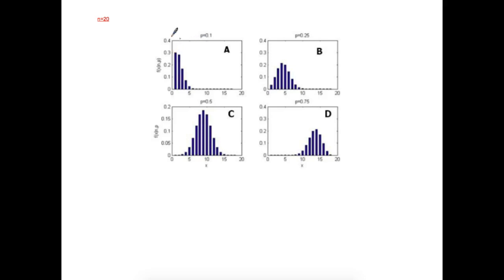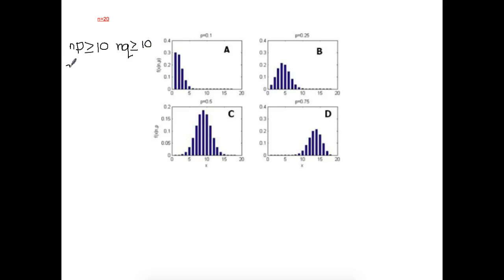So they're telling us for all of these, my n is 20. And for A, they're saying the probability of success is 0.10, so 10%. So we need to test, is np greater than or equal to 10? And is nq greater than or equal to 10?